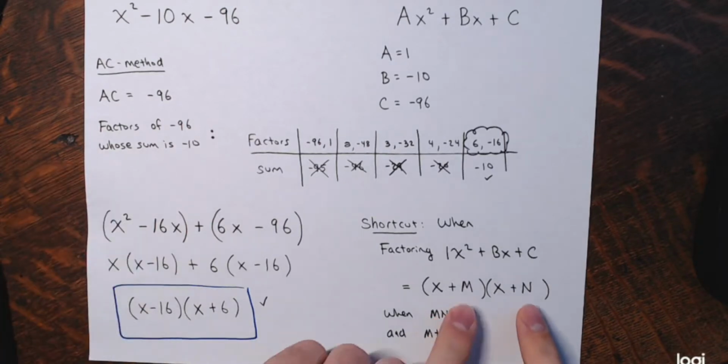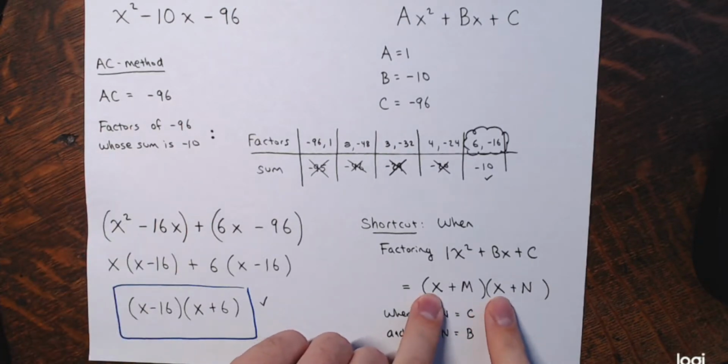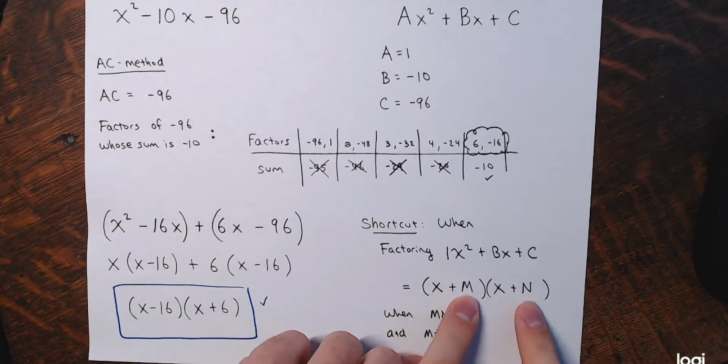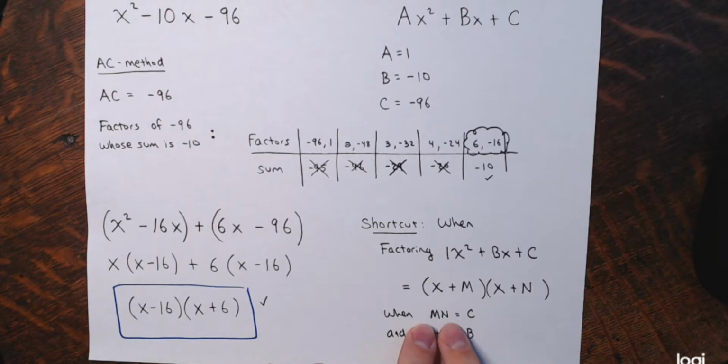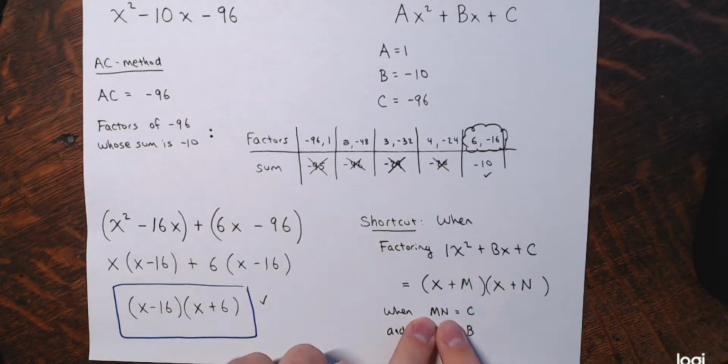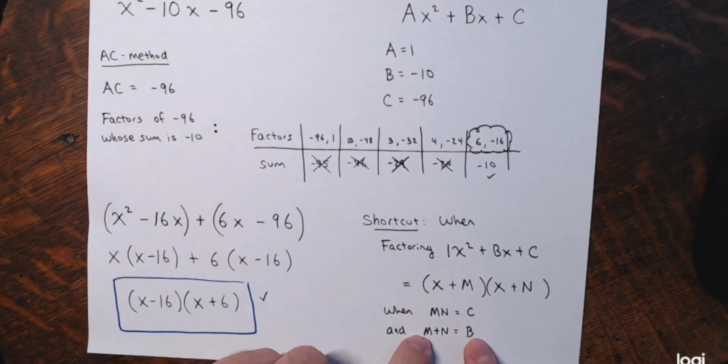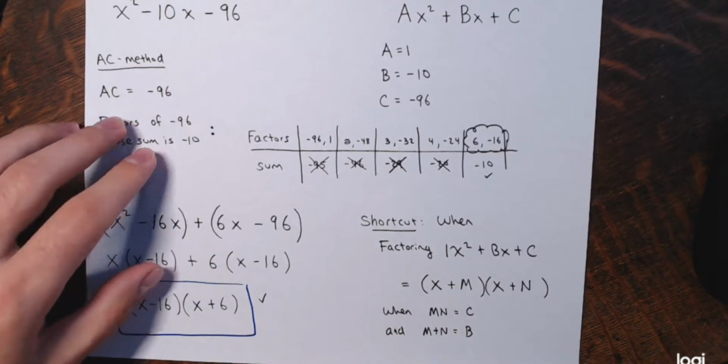So basically, you have x in each of them, and then the numbers that you're adding to those x's are those factors we found. The factors of 1 times c, right? The factors of a times c here though is 1 times c, who add up to b. Right? The factors of negative 96 who add up to 10.